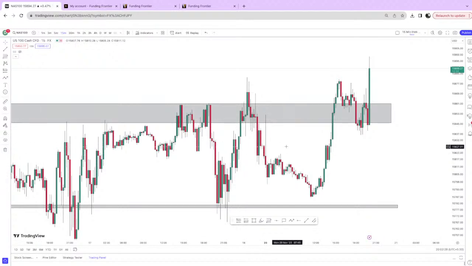I feel it's a stop loss hunting candle. Time will tell.